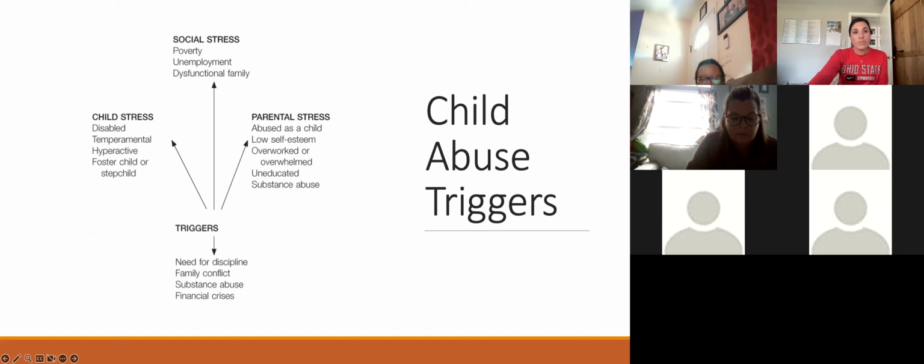When we're assessing for child abuse, we need to look at all the potential triggers. So whether it's with the child themselves, are they disabled? Are they temperamental? Are they hyperactive? Those social stresses like poverty, unemployment, the family lifestyle. Parental stresses. Do they have a history of abuse? We know abuse tends to carry forward through the family.